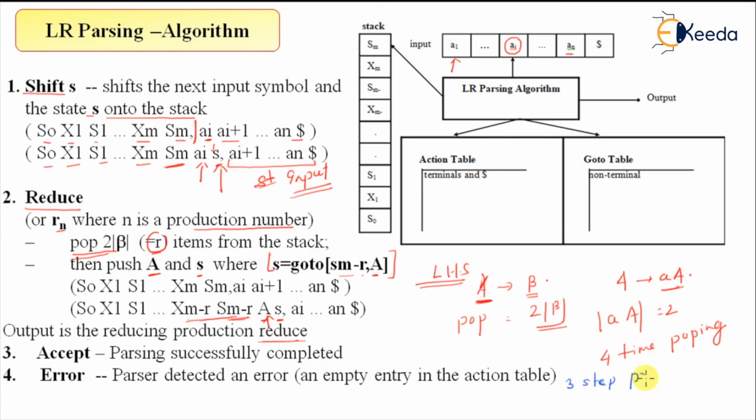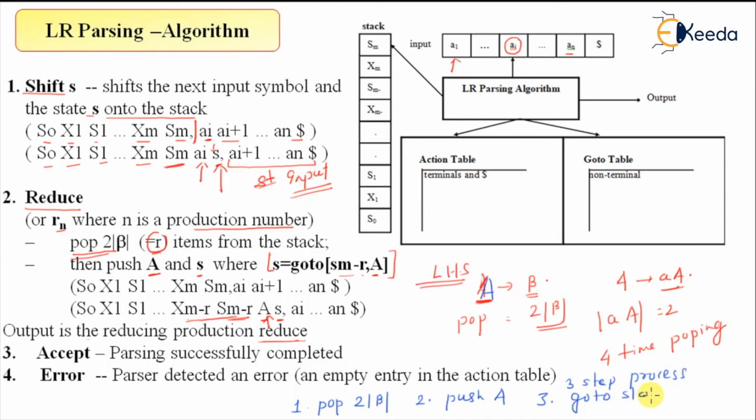The first step is pop, as it says, pop 2 times beta elements. Second is push capital A. What is capital A? For A derives beta, it is on the left hand side of the production. Third is go to the new state.